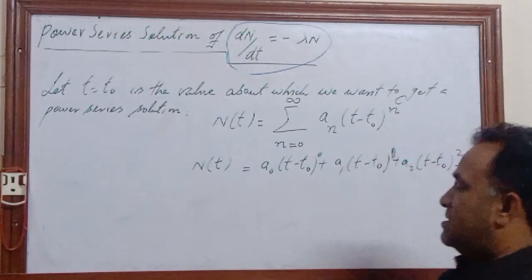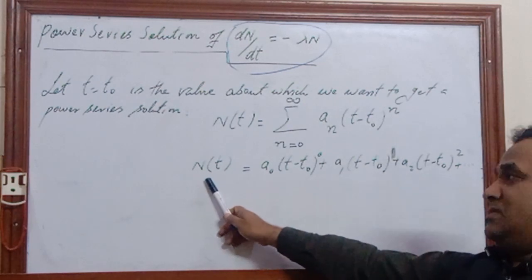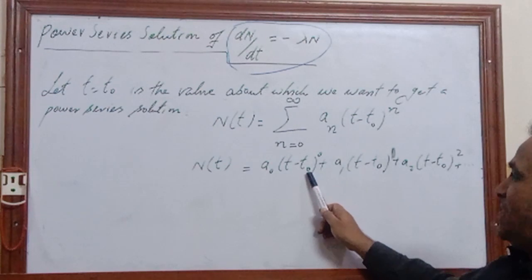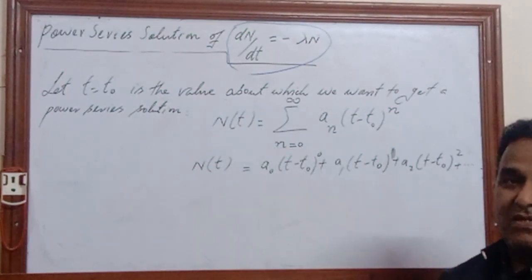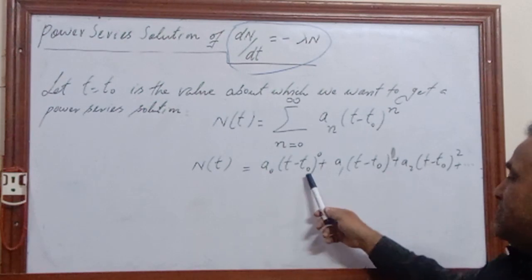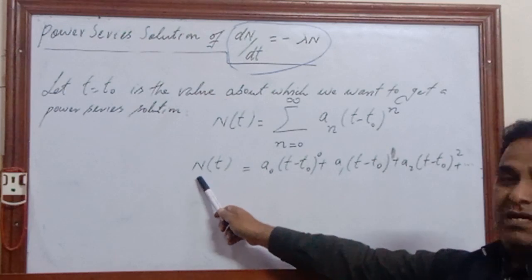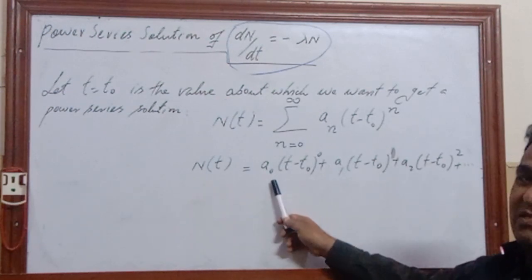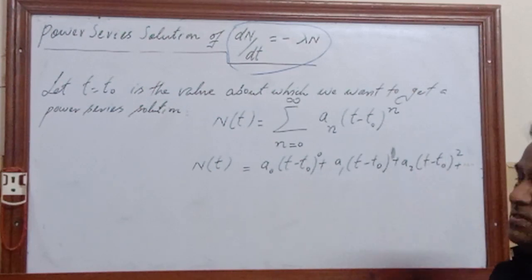By using this power series, we can get information about capital N. We can put the value of t here, and we already know the value of t naught, which is a certain starting time. In that case, at any time t, we can get information about capital N only if we know these coefficients a naught, a1, a2, and so on.